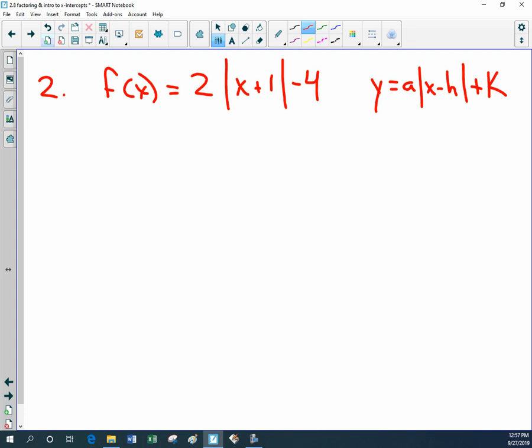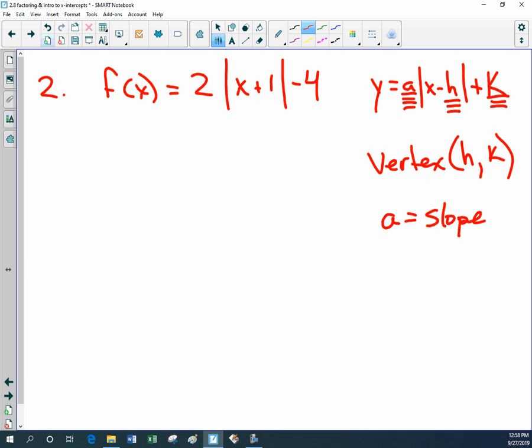When it is in this form, the opposite of h is the x coordinate of the vertex. K is the y coordinate of the vertex. And then A is basically telling us the stretch. So it's like the slope. So A, we're going to think of that as like the slope of the V here.